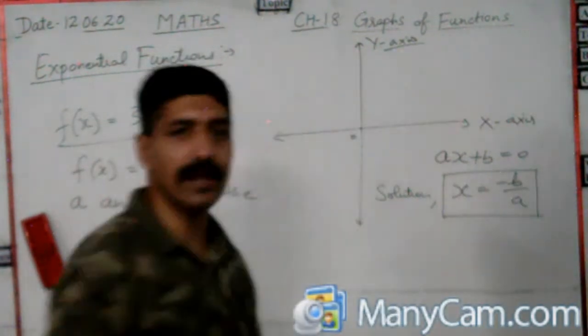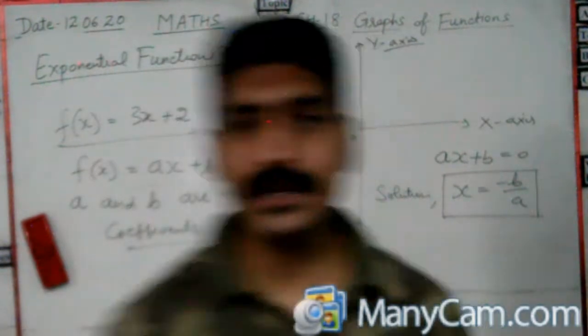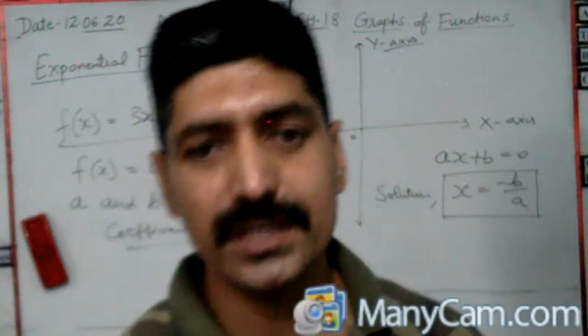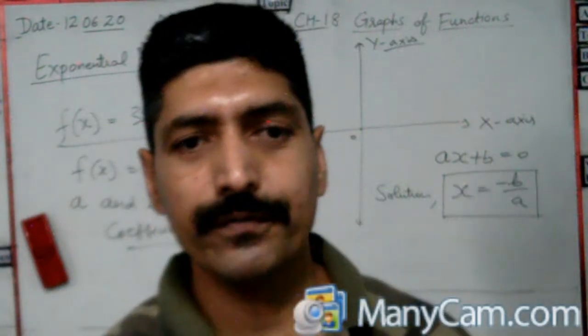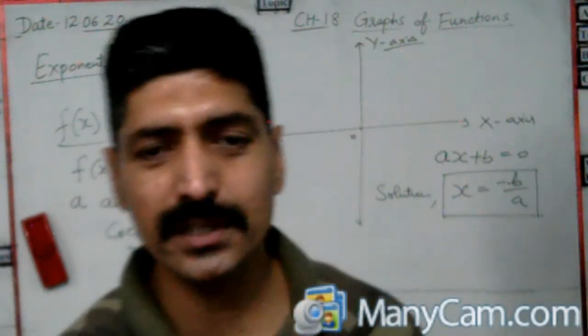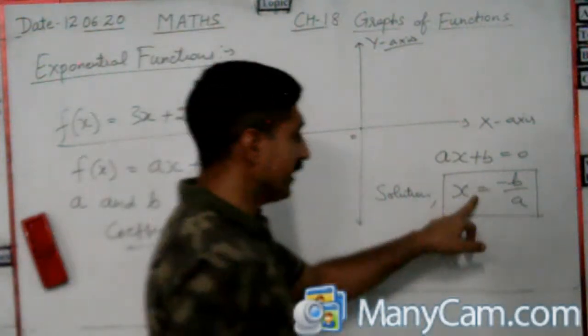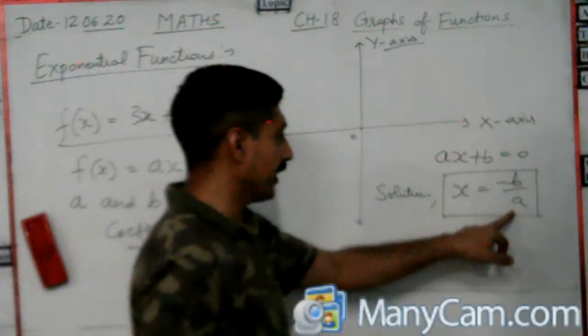What I want to tell is that there is a relation of the zeros of the function, meaning the solution, for a linear function, that is minus b upon a.